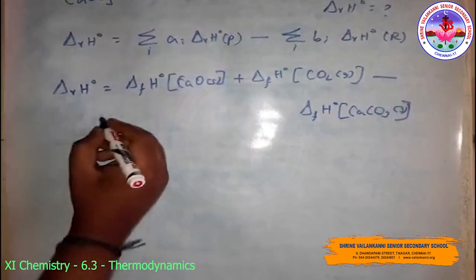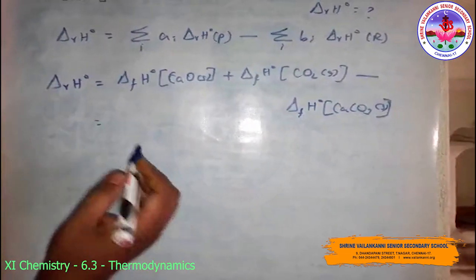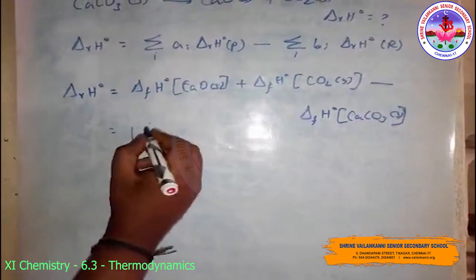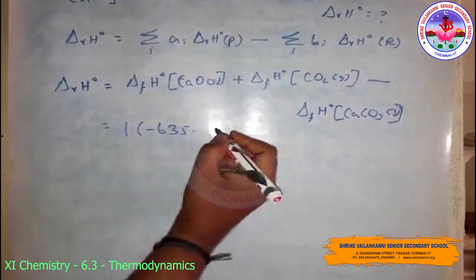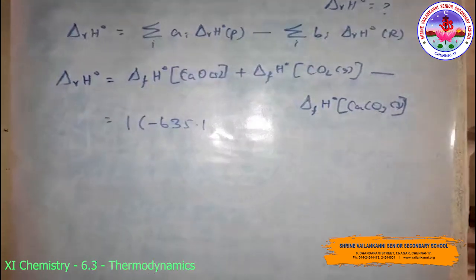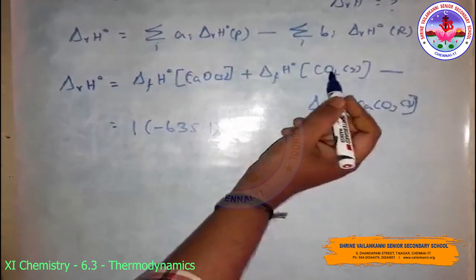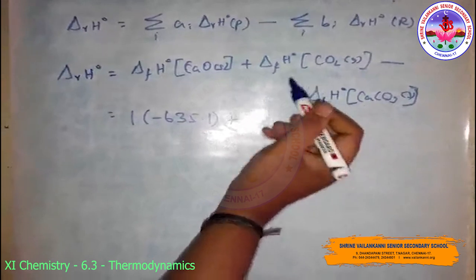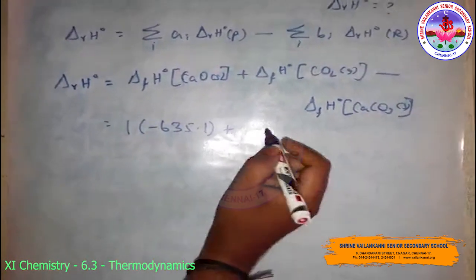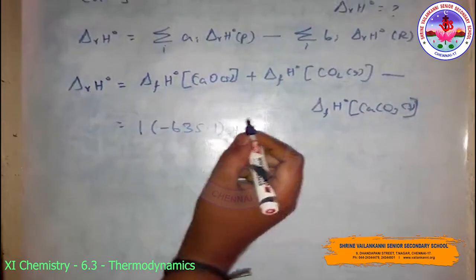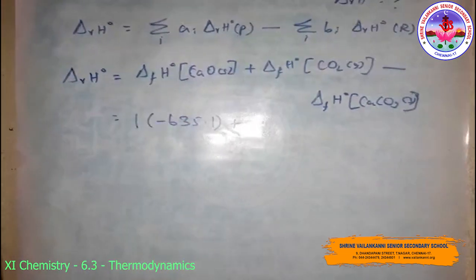Now this calcium oxide solid form, that value was what? Here 1 mole, so that 1 into minus 635.1 kilojoule per mole. Then the standard enthalpy of carbon dioxide gas is... sorry, wait, not 0. I'll check that value.